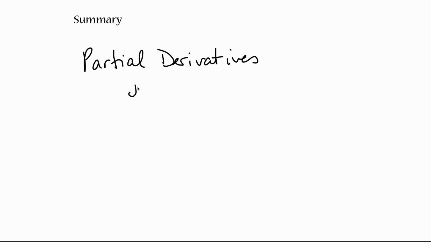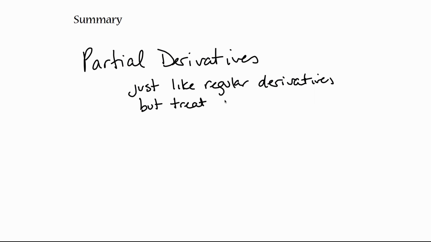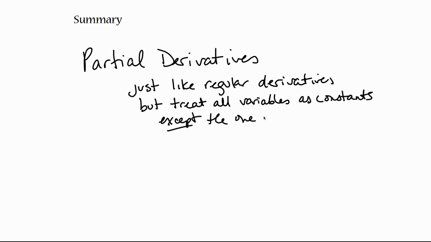So in summary, partial derivatives are just like regular derivatives, but treat all the variables as constants except the one you're deriving with respect to.